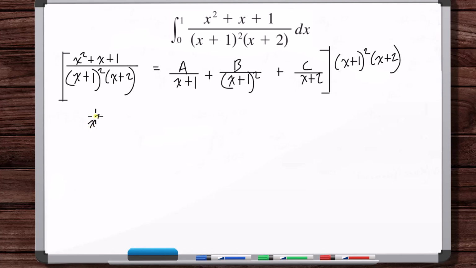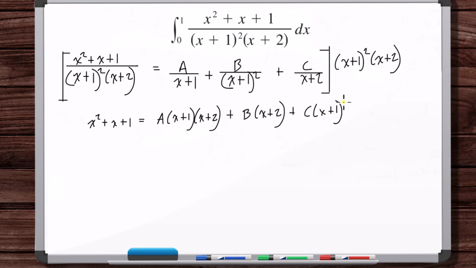Okay, so we've got x squared plus x plus 1, and then so A times x plus 1 plus B plus C. Okay, so when x is equal to minus 1, you've got 1 minus 1 plus 1.